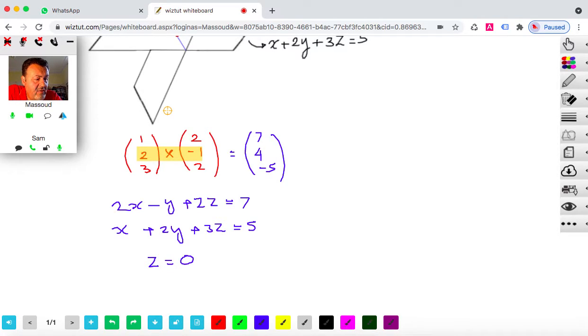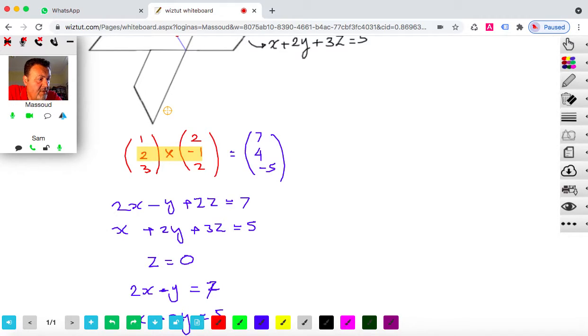So we'll make z equal 0, which reduces these two equations to 2x minus y is equal to 7, and x plus 2y equals 5.